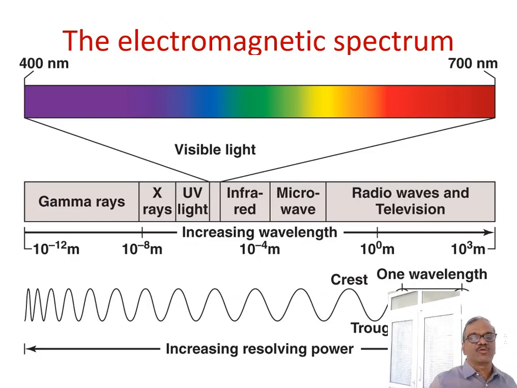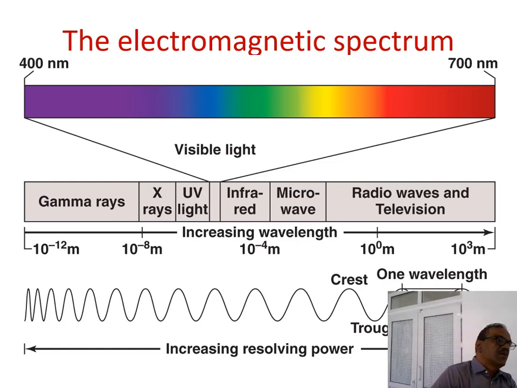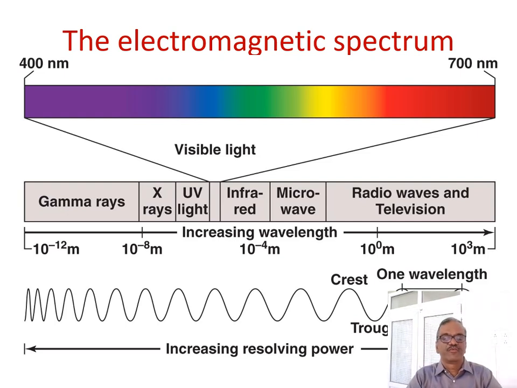Okay, in the electromagnetic spectrum, visible light is from 400 nanometer to 700 nanometer. So that is the color that we are calling VIBGYOR, isn't it? So this is visible light.